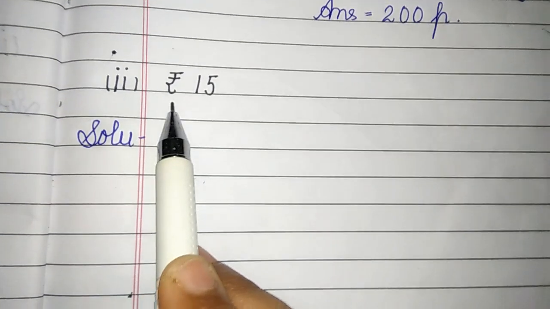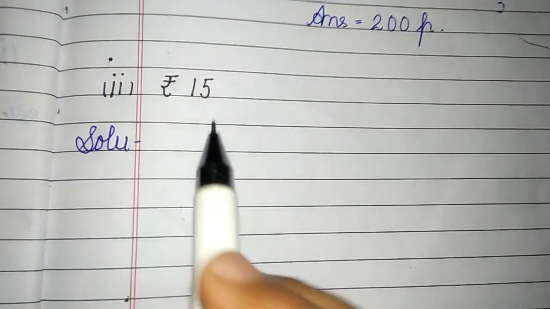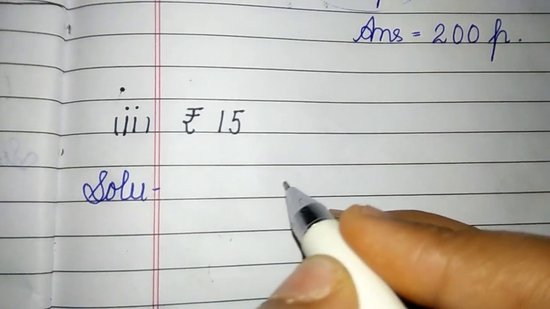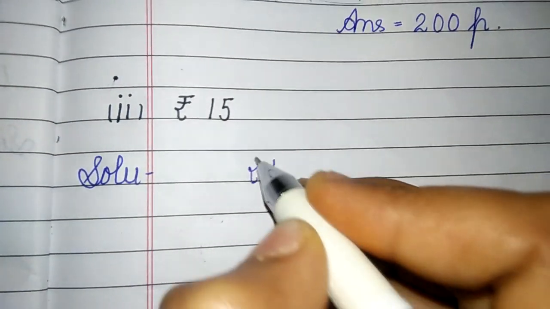Next, 15 rupees. Now it has to be converted the same way. First, we have to write the rule: 1 rupee is equal to 100 paise.